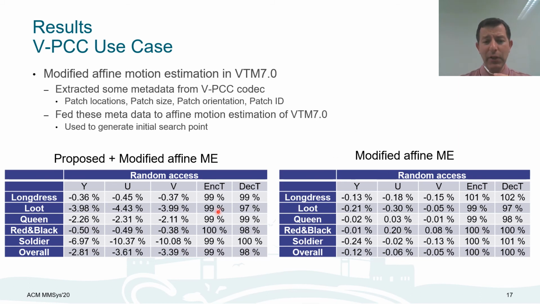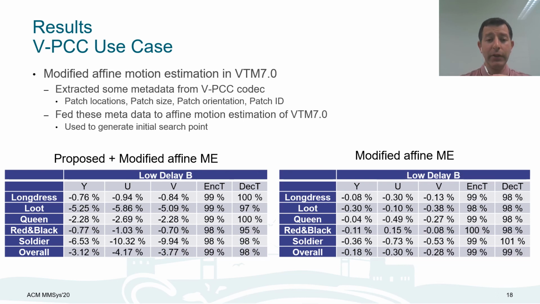Here you see the result for the random access case. The left one is the proposed method with that motion estimation modification. There is an average 3% gain, or a maximum of 7% gain. On the right side, you see the result with only the modified motion estimation, without the proposed method. You see that there is no gain.